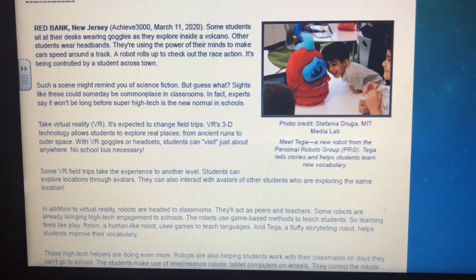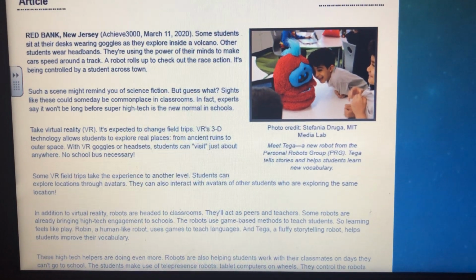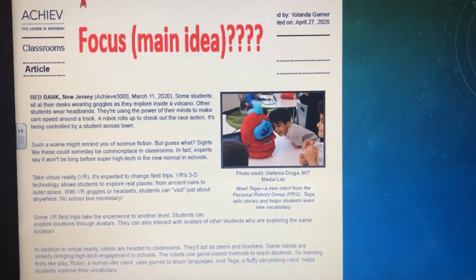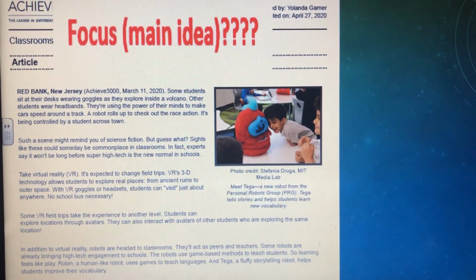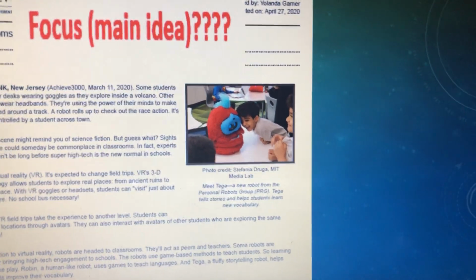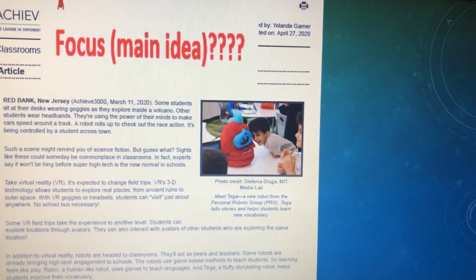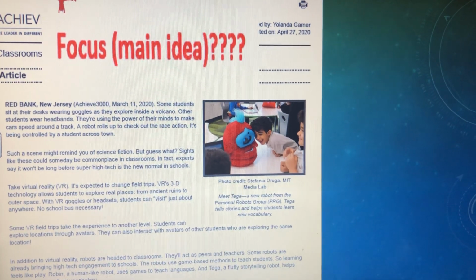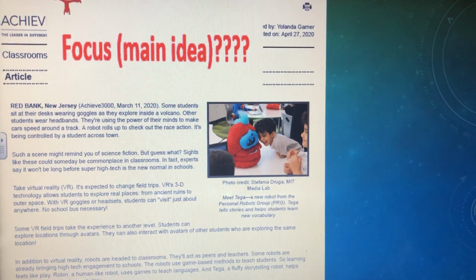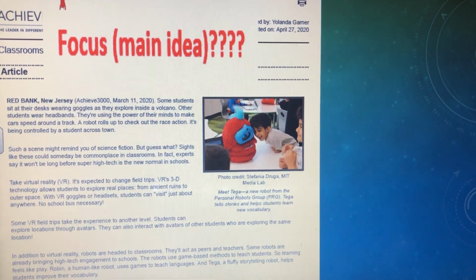So when we're thinking main idea, remember, we're thinking who or what is the article mostly about, and who or what is the big idea. So here, the who or the what are robots in our classrooms, and the big idea is improvement. How are robots making our classrooms better?